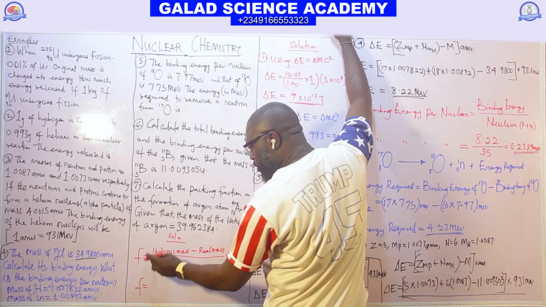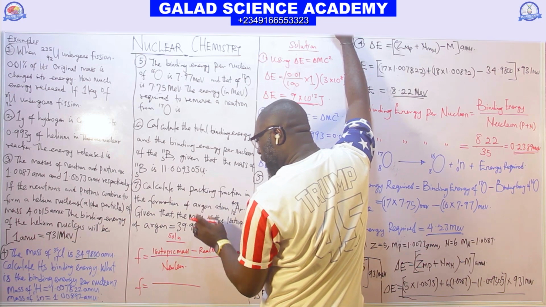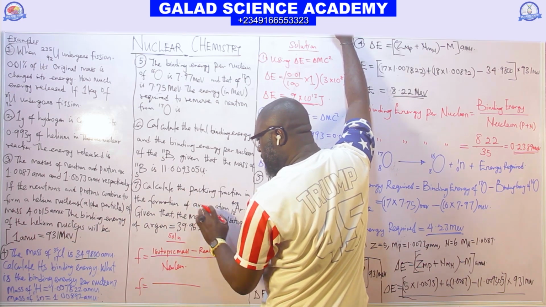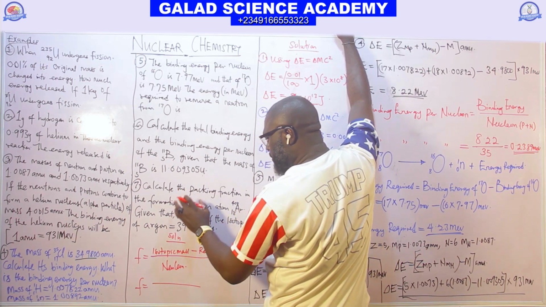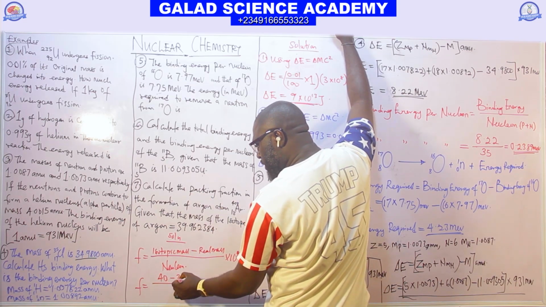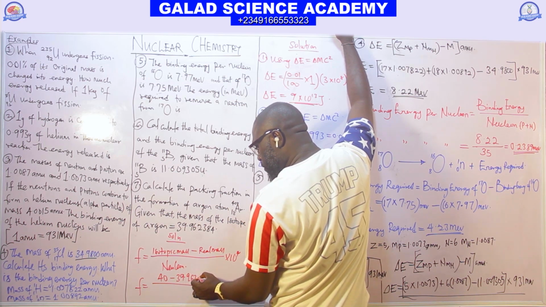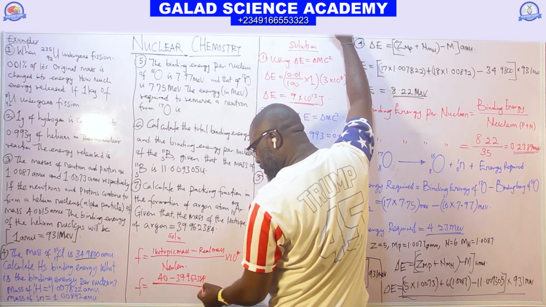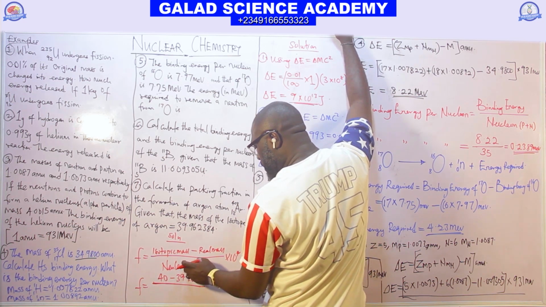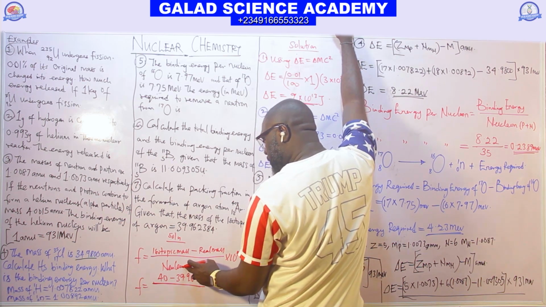So for the packing fraction, the isotopic mass here is 40. We have 40 minus 39.9623840 over the nucleon number. What does nucleon stand for?